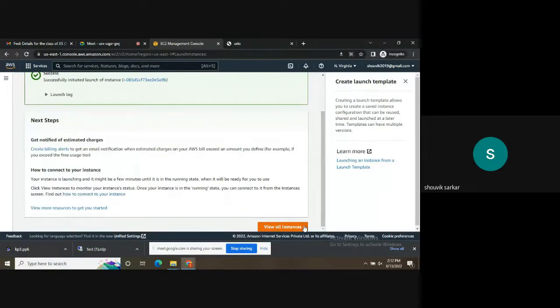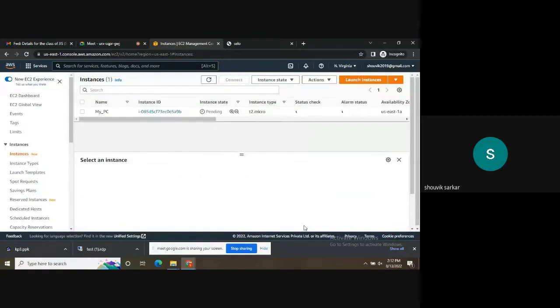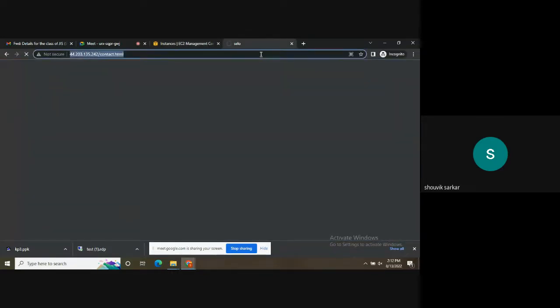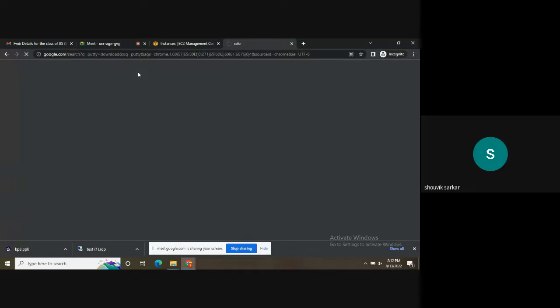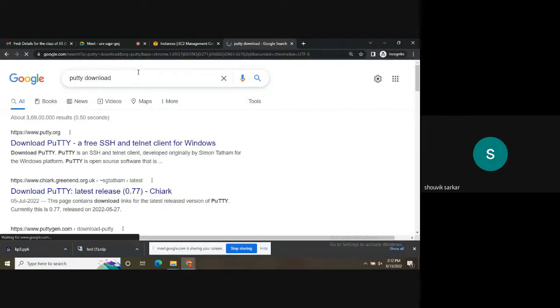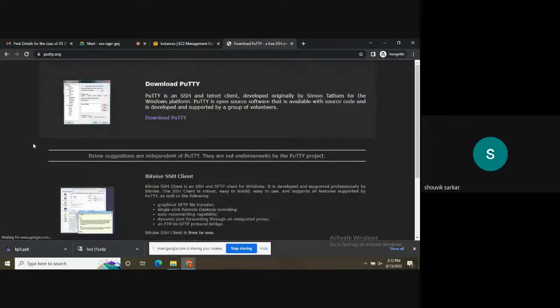But to log in to your Linux instance, you need to do additional steps. You need to download PuTTY software. To download it, go to this PuTTY website, putty.org, and download the PuTTY software.